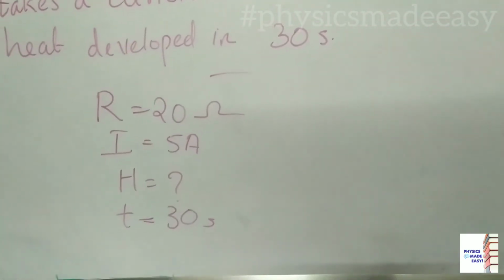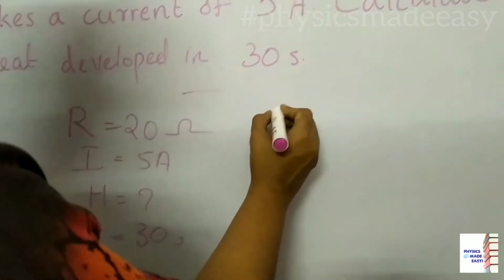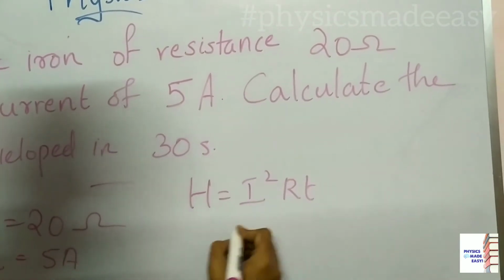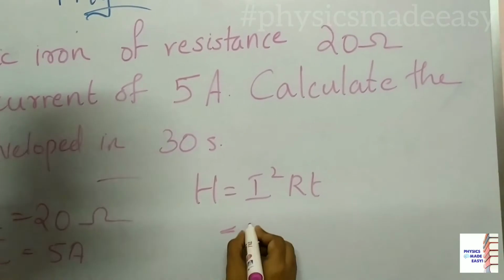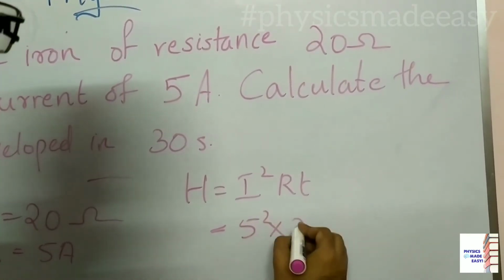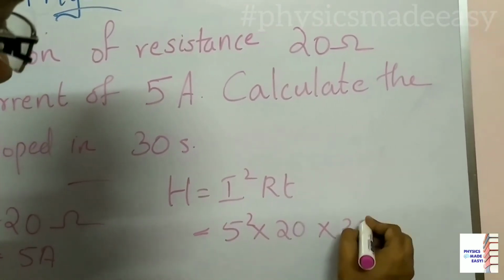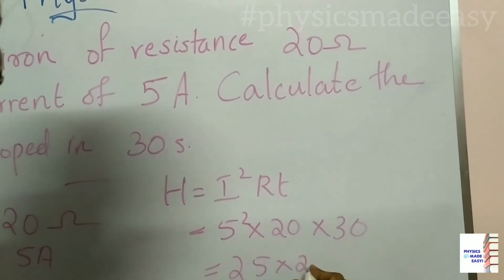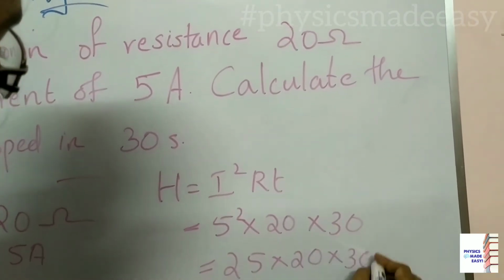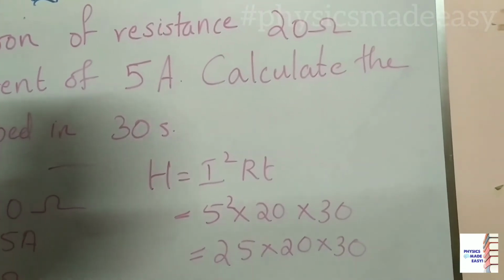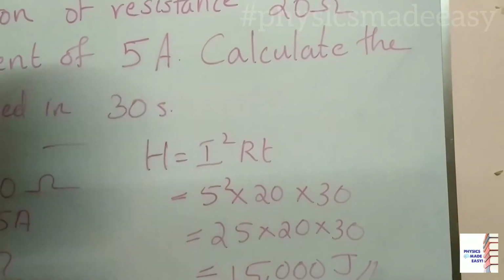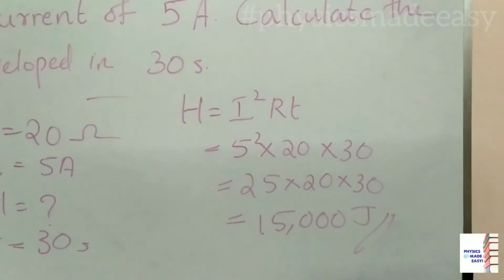Here we can use Joule's law of heating, which equation is H is equal to I square RT. Then substitute the values: 5 square into 20 into 30. So here 25 into 20 into 30. You will get this as 15,000 joule. This is the amount of heat energy.